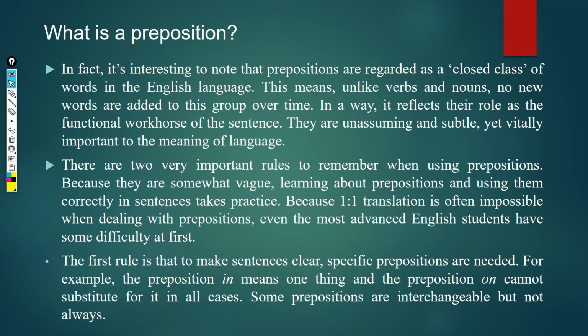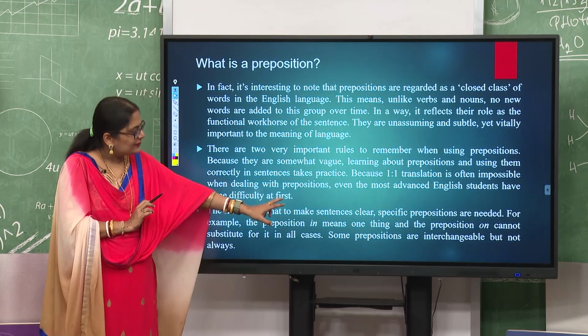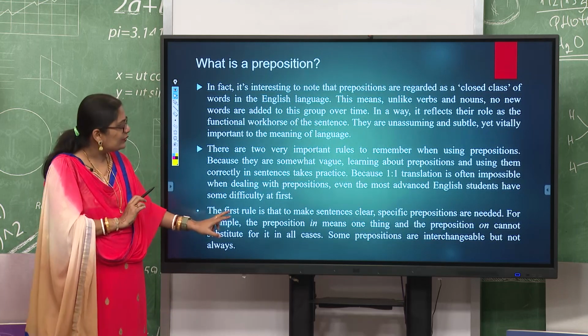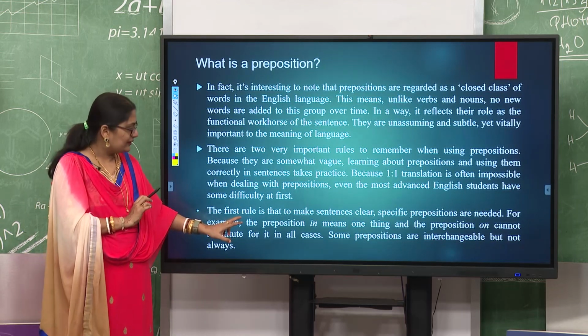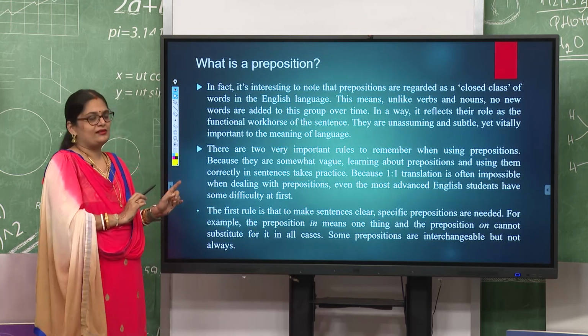Now, next, the first rule is to make sentences very clear and specific, for which the preposition is required. Okay. For example, the preposition in, look at this, the preposition in means one thing and the preposition on cannot substitute for it in all cases. Remember this, some prepositions are interchangeable, but never always.